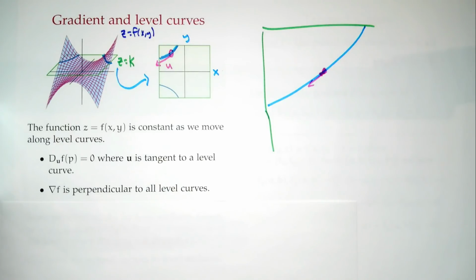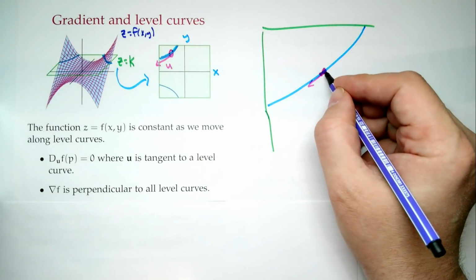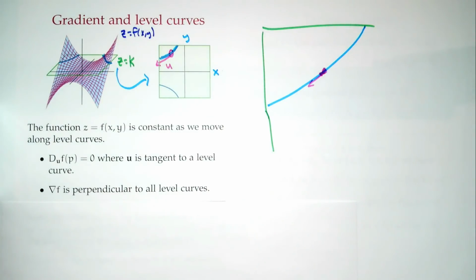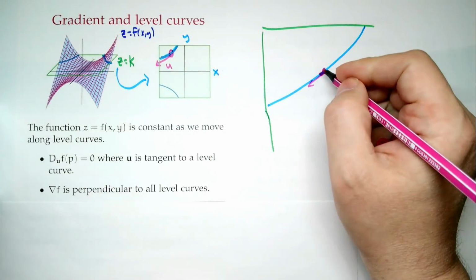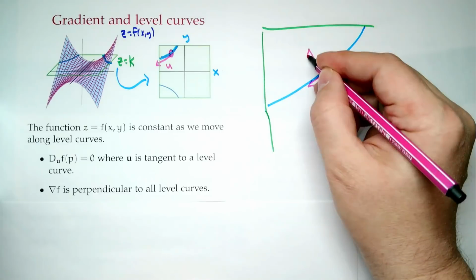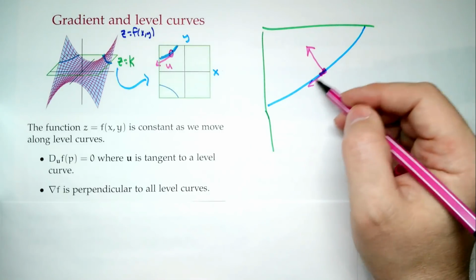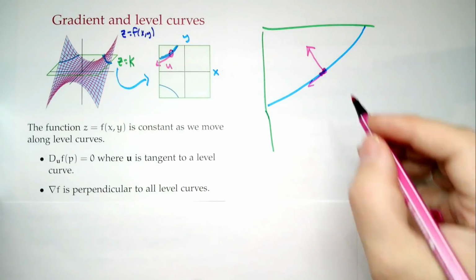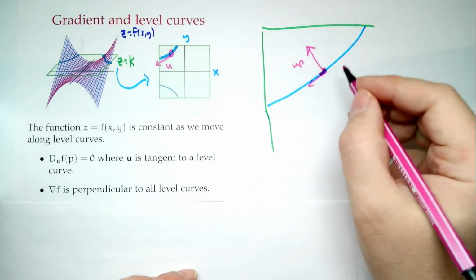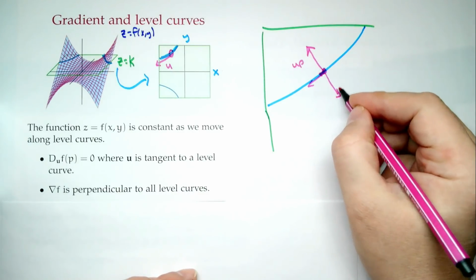So we can now sort of identify what's happening. If I'm at a particular point, as I am here in this blow up, what I'll see is that if I want to go up, I'm going to be perpendicular to the level curve. And when I say go up, I want to say go up as fast as possible. If I want to go down, I'm also going to be perpendicular to the level curve.